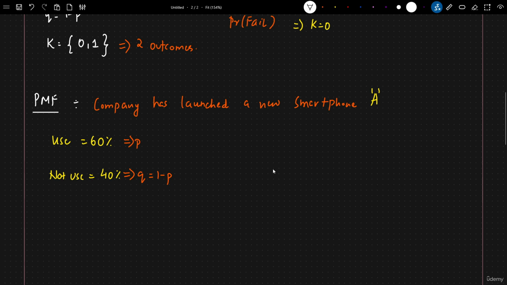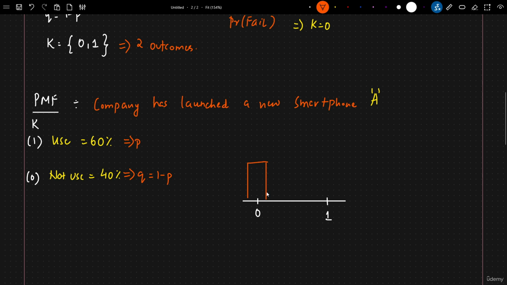Now with respect to this, if we go ahead and construct a probability mass function, why are we doing probability mass function? Because this is a discrete value, right? So here I have two values, one is 0 and one is 1. Let's consider not use is basically the 0 value, and this is the 1 value based on K, because we have two outcomes for every trial. So over here, for 0, I may go ahead and construct a bar.